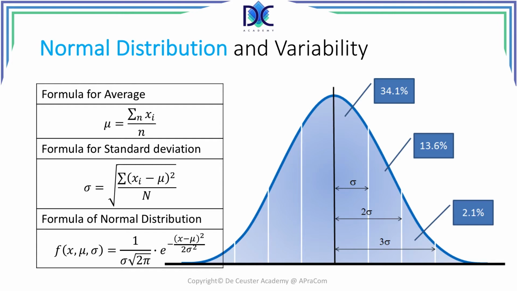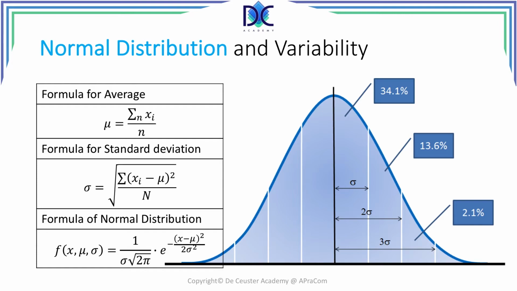The normal distribution is a symmetrical distribution. First of all, the surface under the distribution, under the curve, represents 100% of all possible measurements.